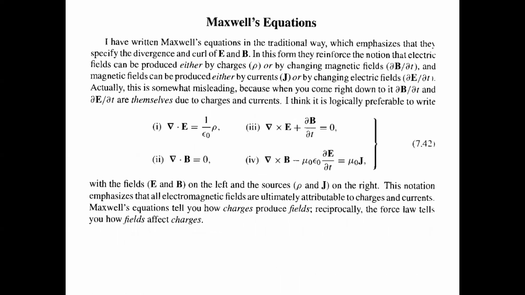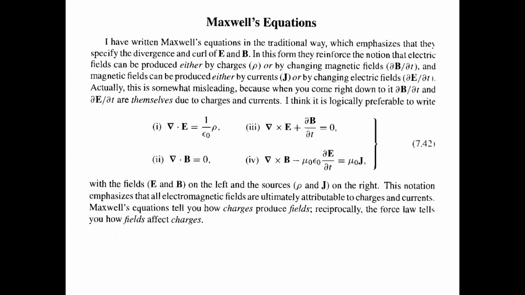Now here we have written Maxwell's equations in the traditional way, which emphasizes that they specify the divergence and curl of E and B. In this form, they reinforce the notion that the electric field can be produced either by charge ρ or by a changing magnetic field, which is ∂B/∂t.